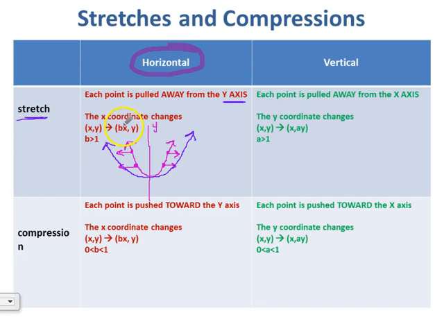Like it'll say it's a horizontal stretch of 4 or horizontal stretch of 5. We're going to take whatever that factor is and multiply it by our x coordinate. That's going to be our new x. But our y will always stay the same.